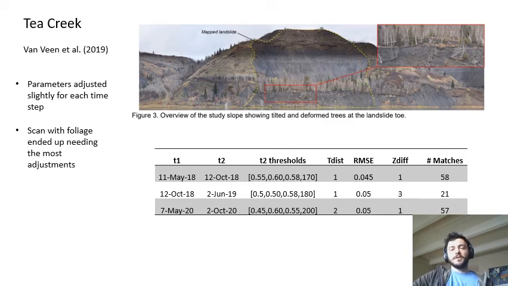This table shows 3 different time steps where we selected slightly different parameters for the algorithm to adjust for differences in foliage arising from the season, the month that the scan was taken in. But generally speaking, these parameters don't need to be changed all that much through time to get good results.